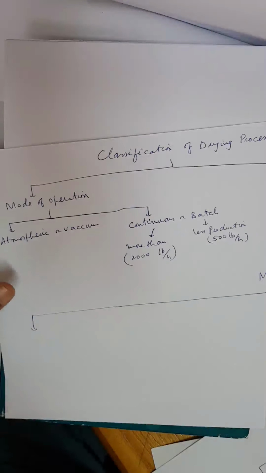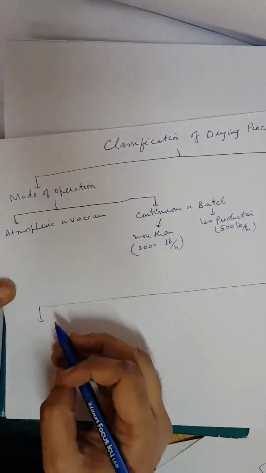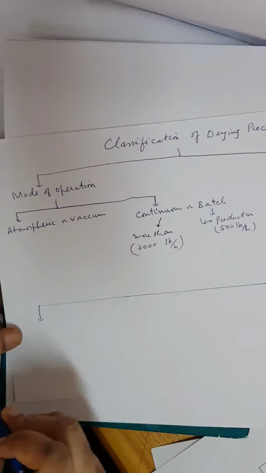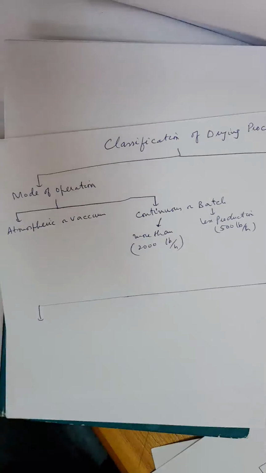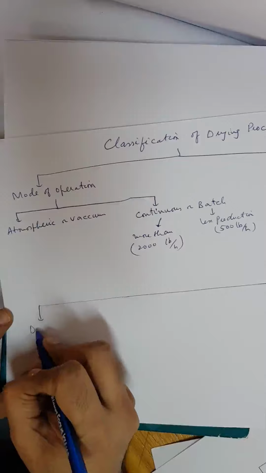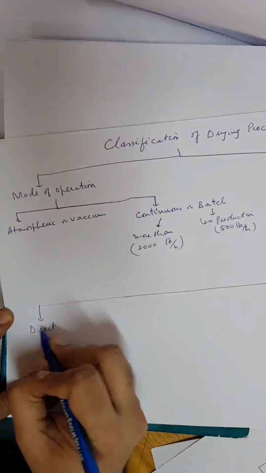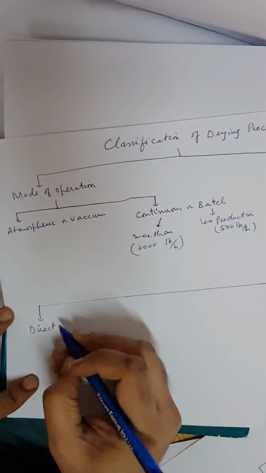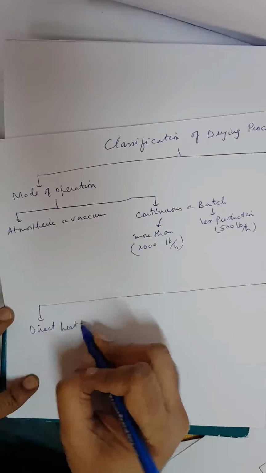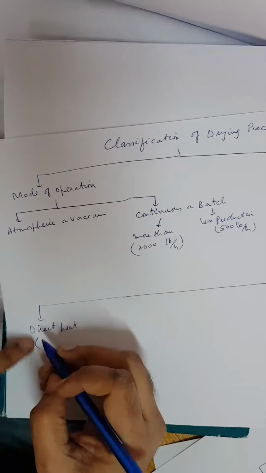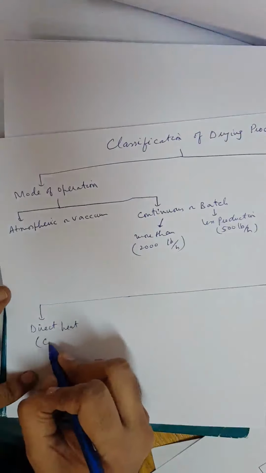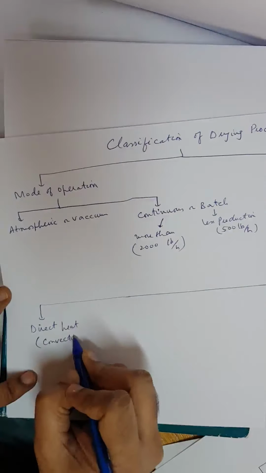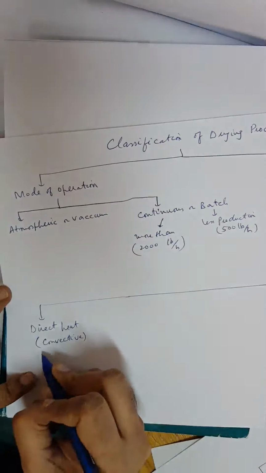The first one is direct heat, or direct drying. This is very well known, called convective or adiabatic.